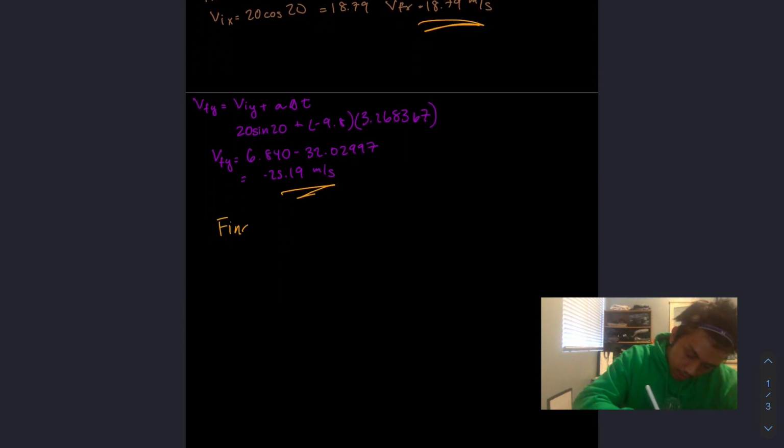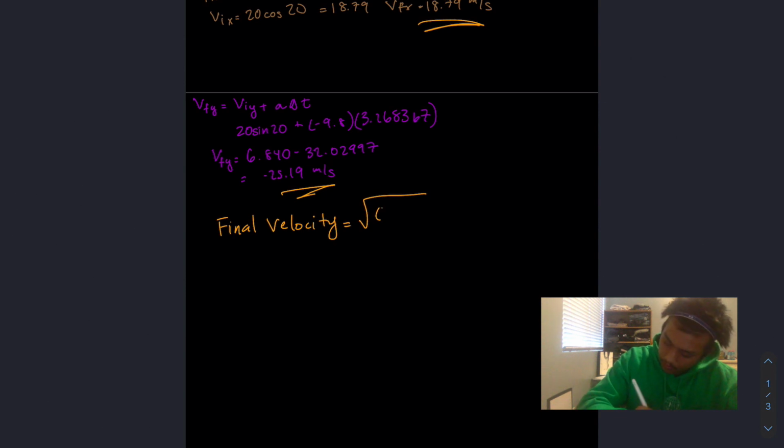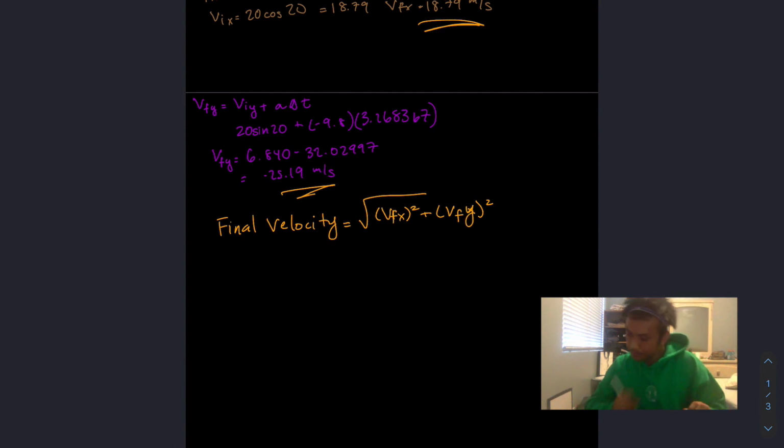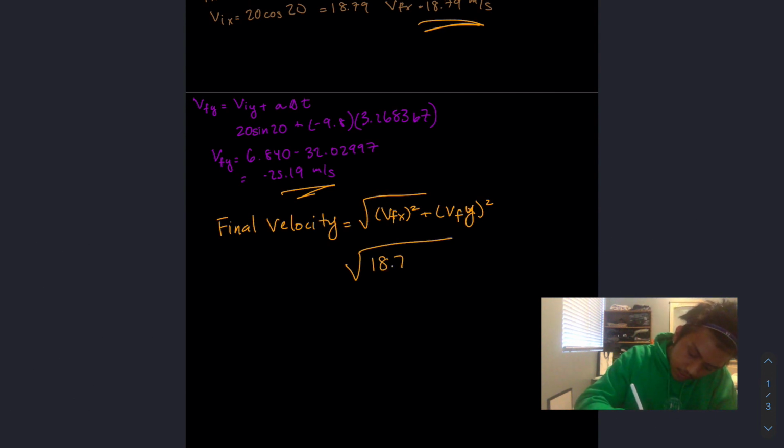So your final velocity equals the square root of the x component squared plus the y component squared. That equals the square root of 18.79 squared plus negative 25.19 squared.